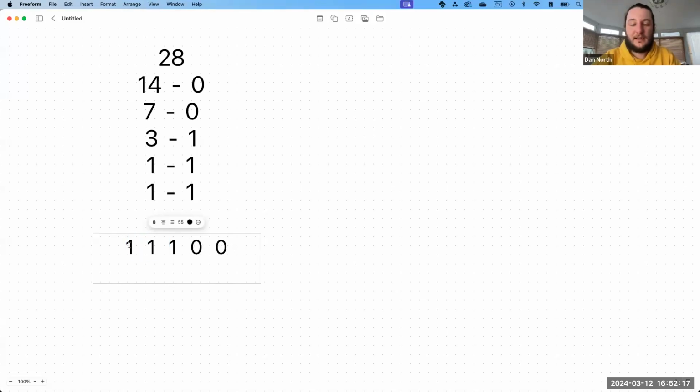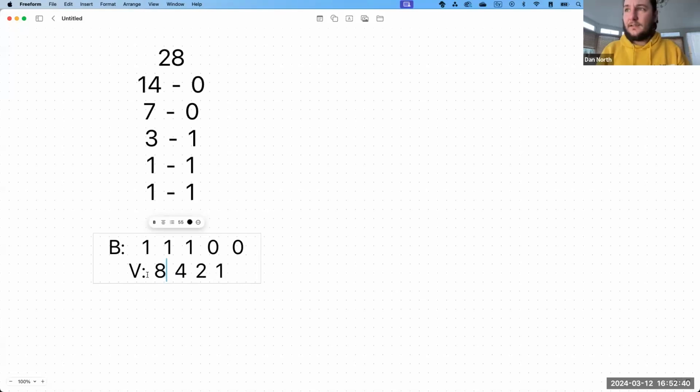So that's our binary. And then our values would be on the far left, we've got our ones column. Then we've got our twos column. Then we've got our fours column. Then we've got our eights column. Then we've got our 16s column.